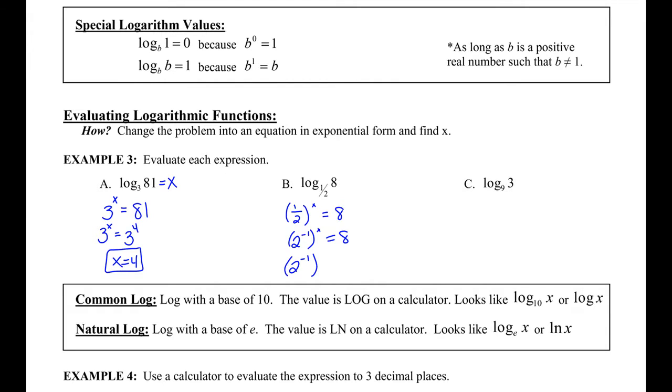This helps us because now I can rewrite 8 as being 2 cubed. And once again, since the bases are equal, I can set the exponents equal to each other. So negative 1x equals 3, or x equals negative 3. Please try example C on your own.